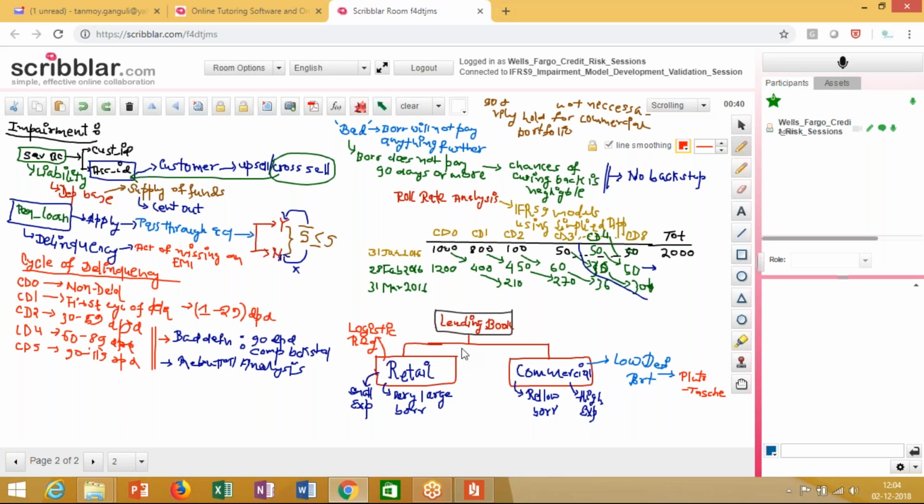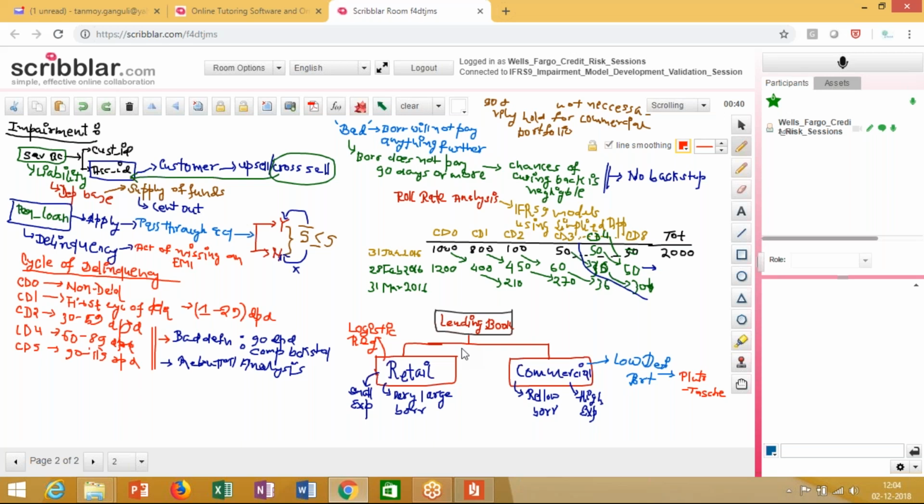Now, before we move into the estimation side of things, let us try to understand what these portfolios comprise. There are different kinds of products which can be designed to meet the needs of customers. But the variety of products in retail is very limited, whereas in commercial portfolios there is a wide variety of products.